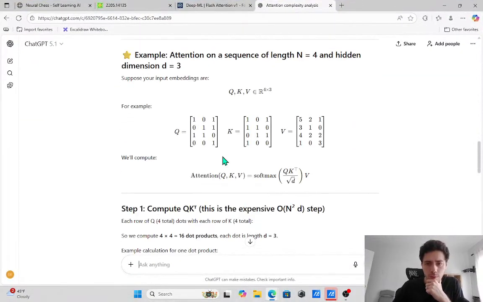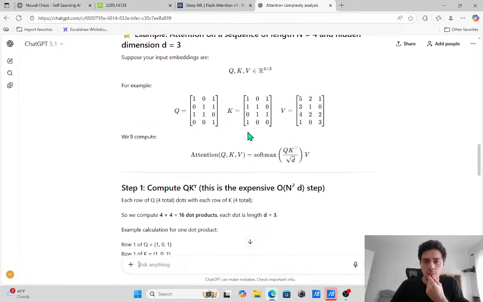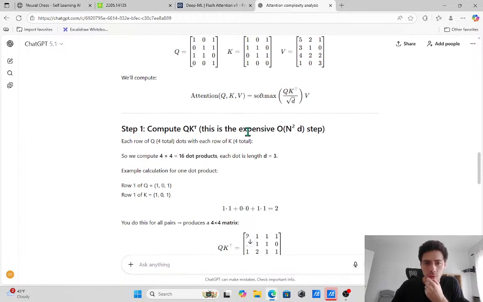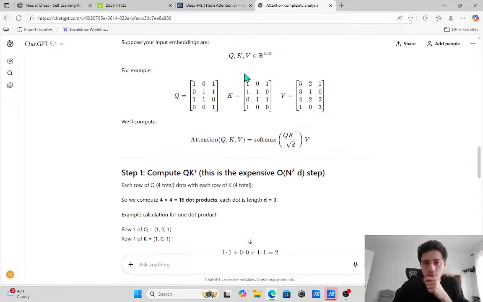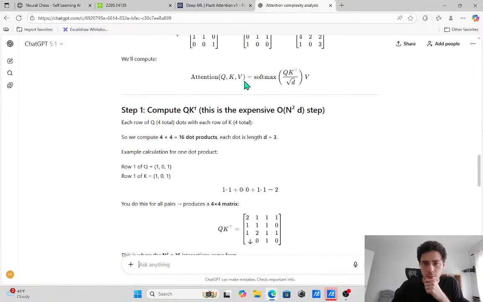Let's see. So we're saying we have this, we have that. I guess you're doing 16. Okay. So you're doing 16 dot products. I mean, you're doing this transpose.